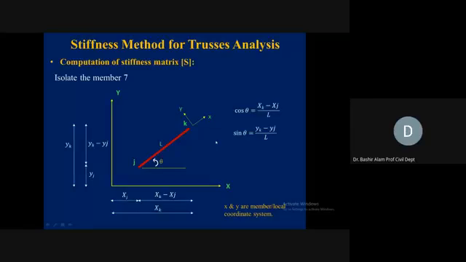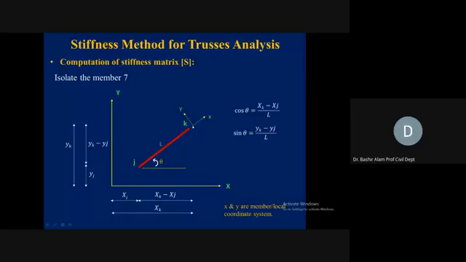So now we will be developing a relation actually, and from here onwards, you know what the global coordinate system is, what the local coordinate system is. Now with respect to which axis we are measuring this theta, and what is the cos theta in terms of the coordinates and length, and what is the sine theta in terms of the coordinates and length.